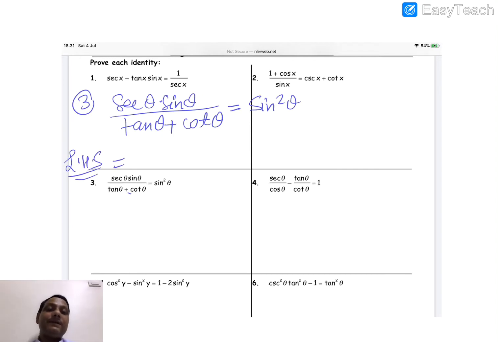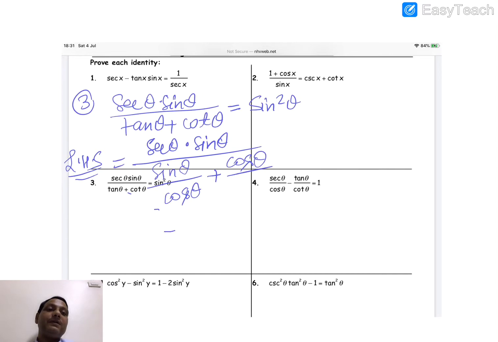Okay guys, so here sec theta into sin theta. We will write tan as sin theta over cos theta, and cot theta as cos theta over sin theta. Next, sec theta is 1 over cos theta, and here we already have sin theta.